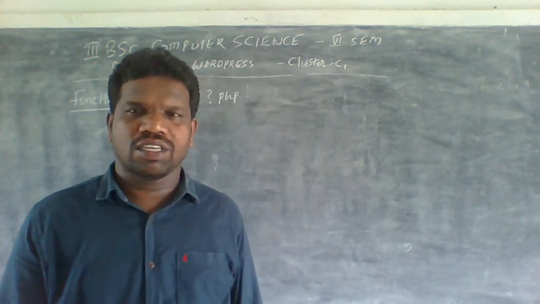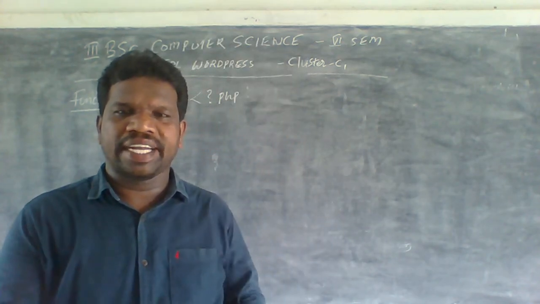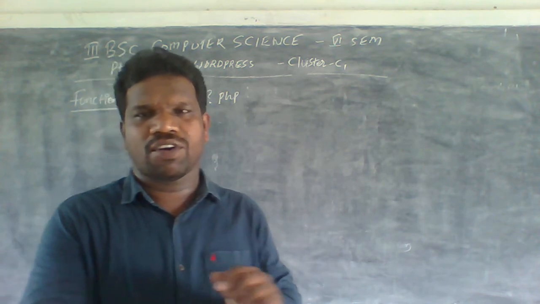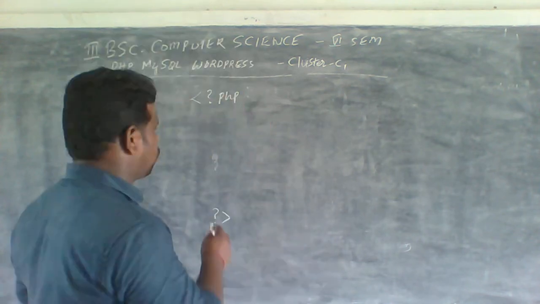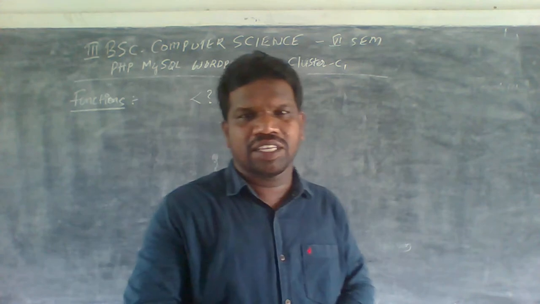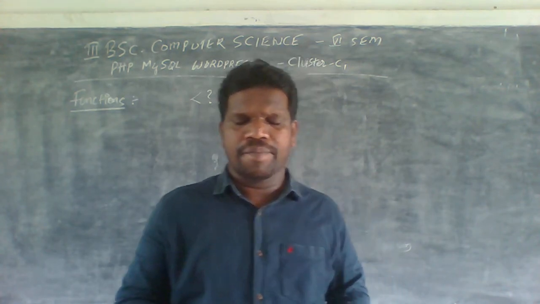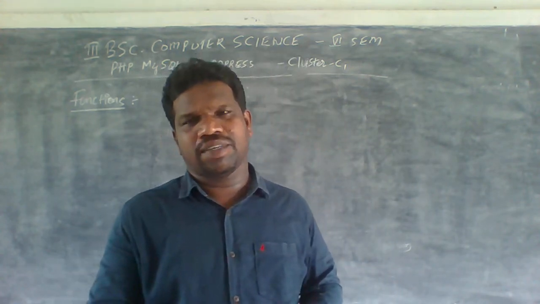In this session, I'm going to print the college name. If you want to print any items in PHP, you have to use the print statement that is called echo.